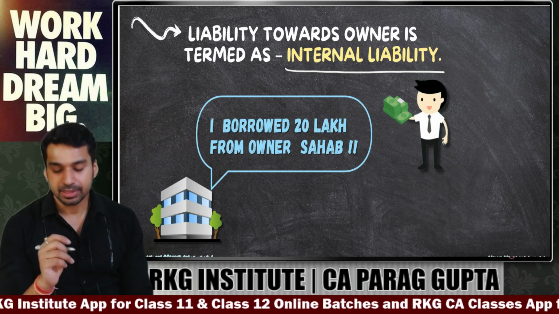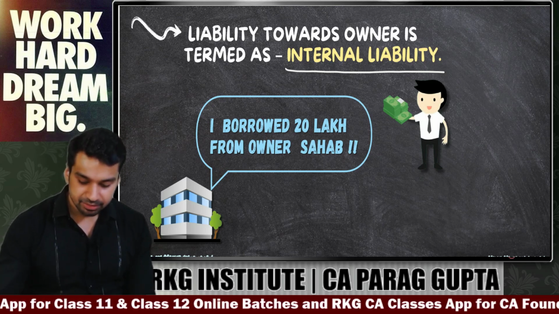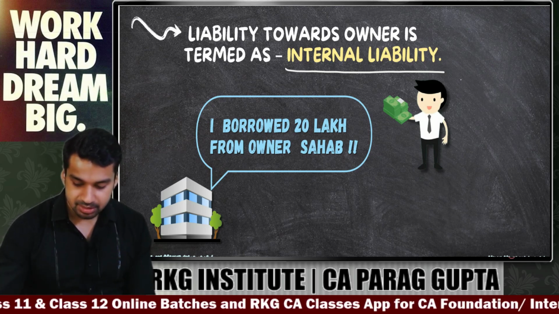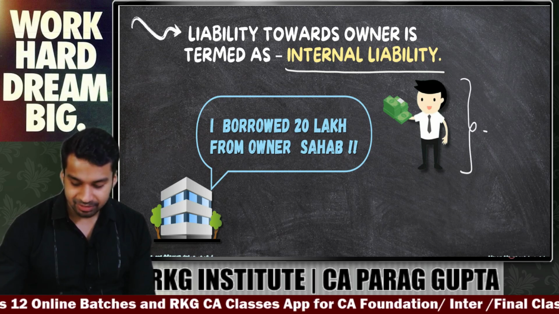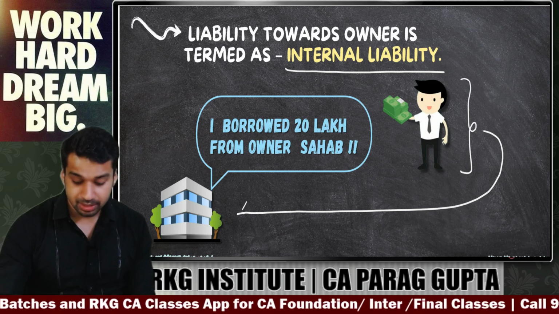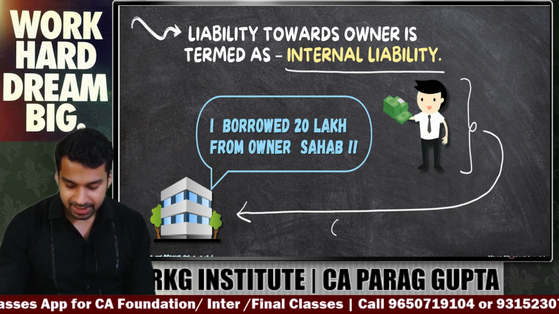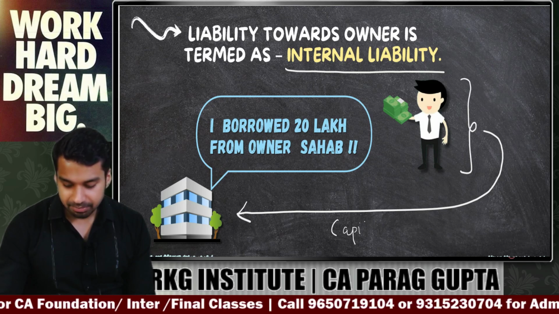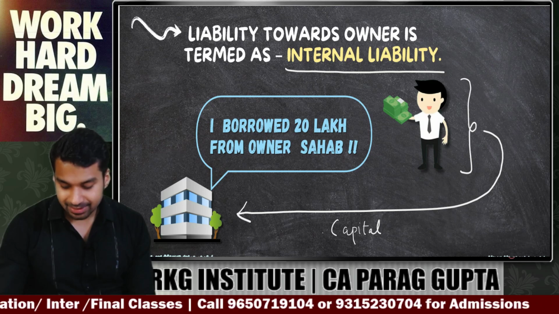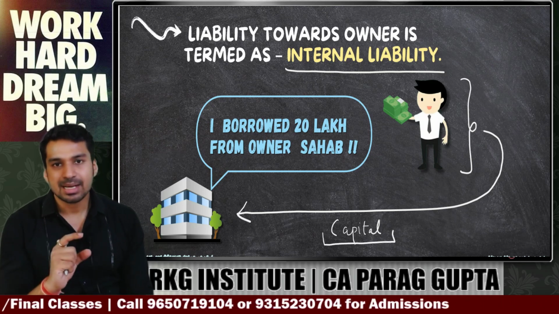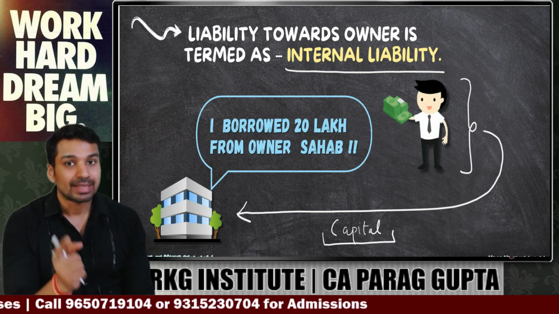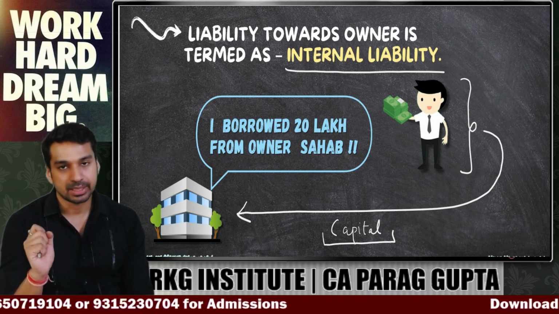What is internal liability? When I take money from the owner, this is the owner who gave the money to the business, which you earlier called as capital. So business says I have to return this money back to the owner. So it is also a liability, but this liability is towards the owner. That is why it is known as internal liability.